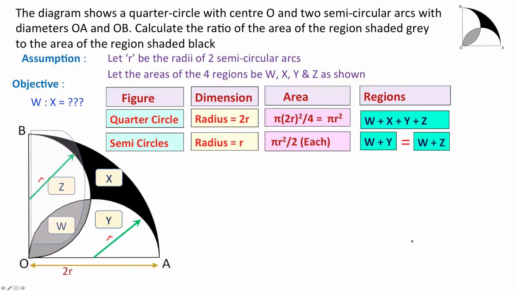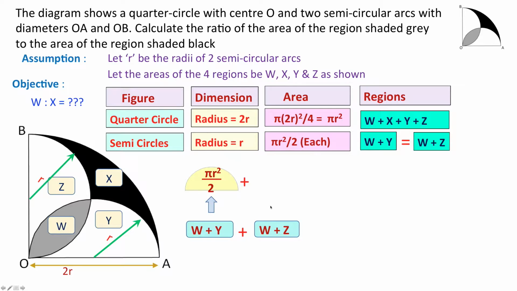Suppose I were to add the two areas W plus Y and W plus Z. What I'm essentially doing is taking one semicircle, because W plus Y is this horizontal semicircle, which is of area pi r square by 2, and adding it to another semicircle, because W plus Z is the vertical semicircle. Again, it has area of pi r square by 2.